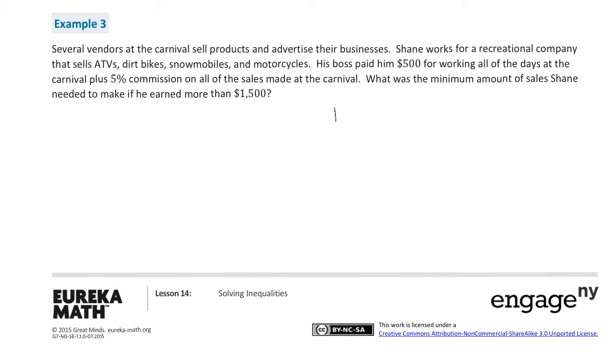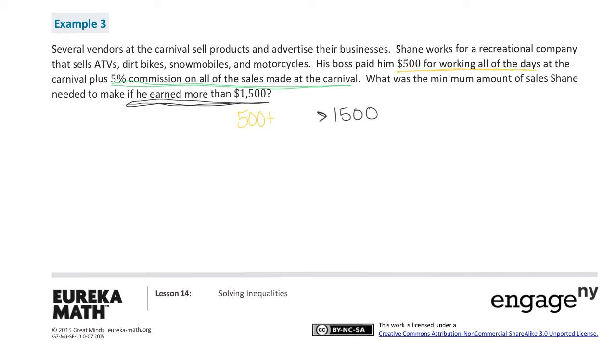Shane's end goal here is to make $1,500. So that means that this needs to be the lesser amount of what he is going to make, because it says if he earned more than $1,500. So now we're going to be using a greater than sign. We know that he gets paid $500 for working all of the days, and that 5% commission of all the sales made at the carnival.